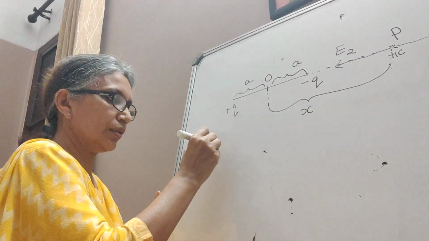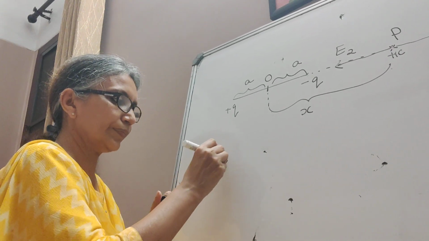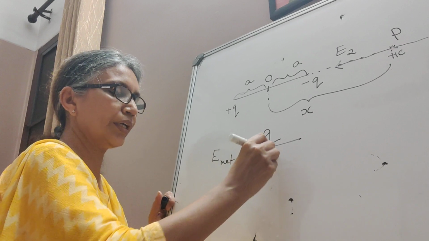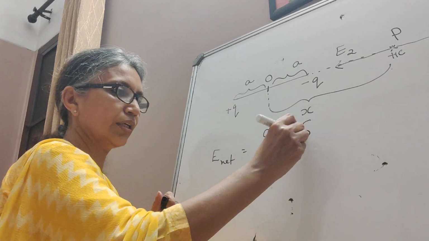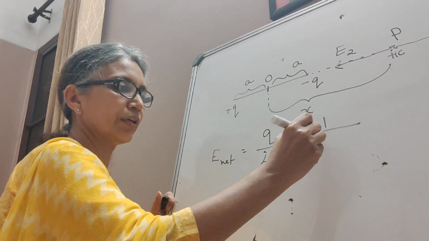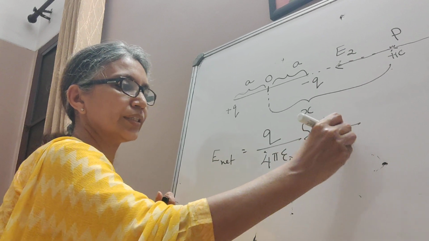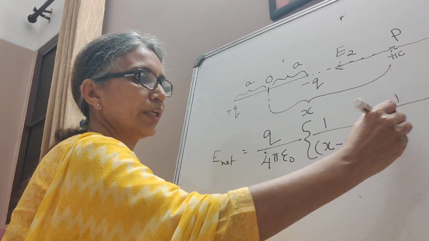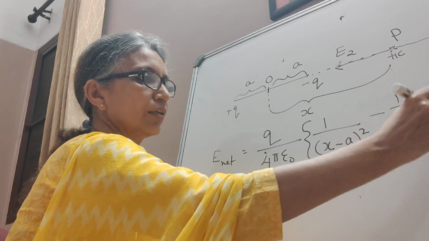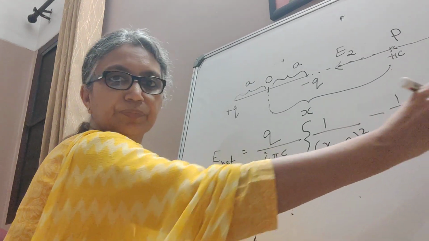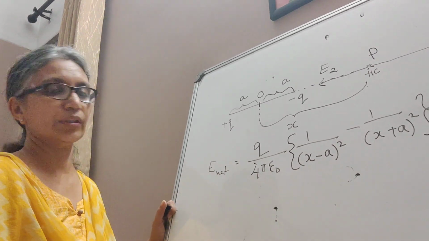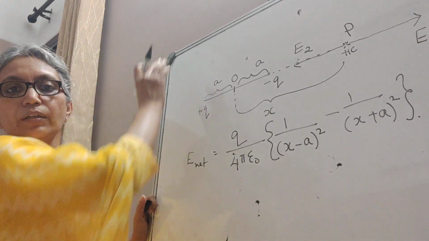So I will take the net electric field. I can take that q by 4 pi epsilon 0 outside. Inside the bracket I have 1 by x minus a the whole square minus 1 by x plus a the whole square. Is that clear to you?